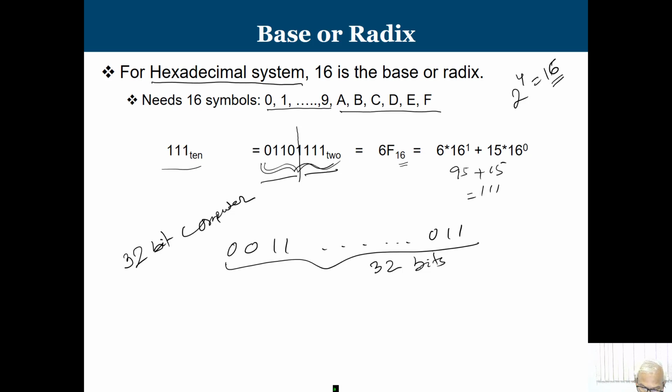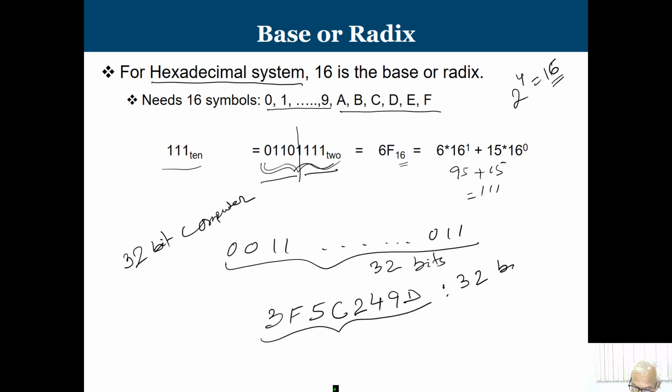That means with the help of 8 different symbols, we can write it. So this means 3F5C249D. This is the hexadecimal representation of some 32-bit information.